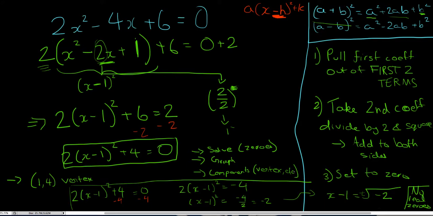Of course, you could later go back and talk about imaginary numbers, like i and stuff like that, complex numbers. You could get a complex number for the answer, but I haven't taught you that yet, so for now I don't think you'll need to know that. But if somebody else asks you, you should be able to give an answer with i, but only if they've taught you about i, which I haven't. So for this case, you'll not need to know anything else. So just say no real zeros.